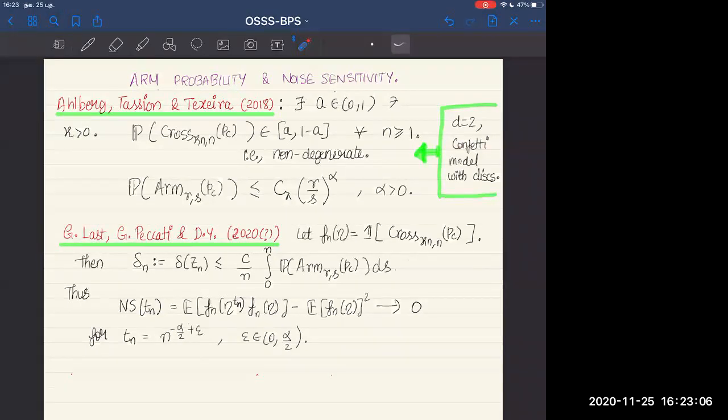Thanks. I have a question. This is Frank. Why, Rahul, do you think that would be the block? Because in Ahlberg, Tassion, and Teixeira, they require RSW for the radius random variable being exponential.